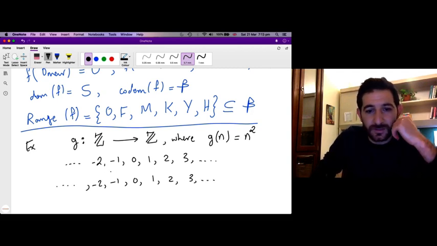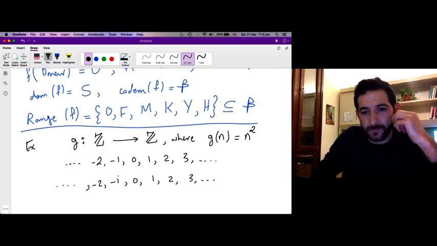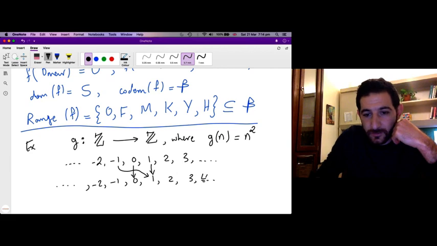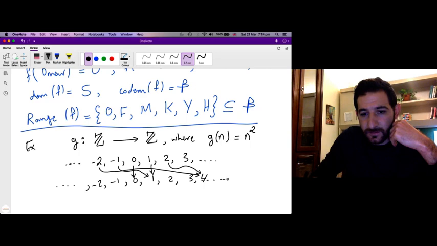Now what is the image of 0? It is 0 squared. What's the image of 1? It is 1 squared. What's the image of negative 1? It's 1. The image of 2 is 4. The image of negative 2 is negative 2 squared, which is also 4. Now say here is 9. What's the image of 3? It is 9, and so on.